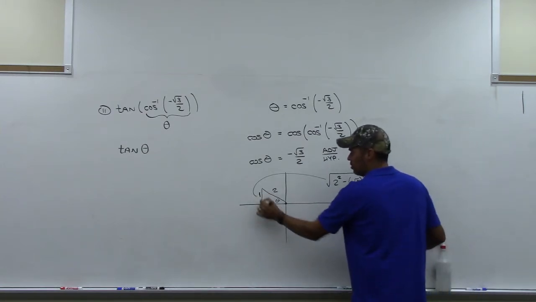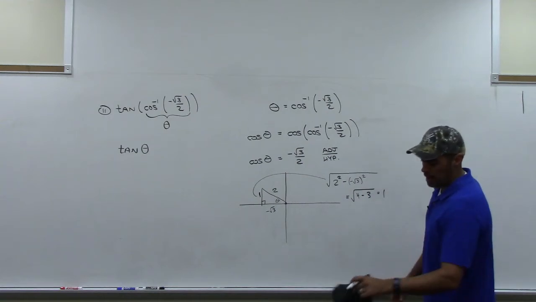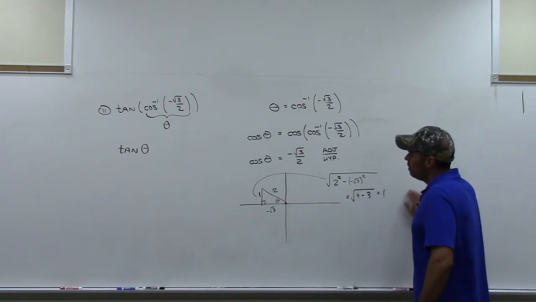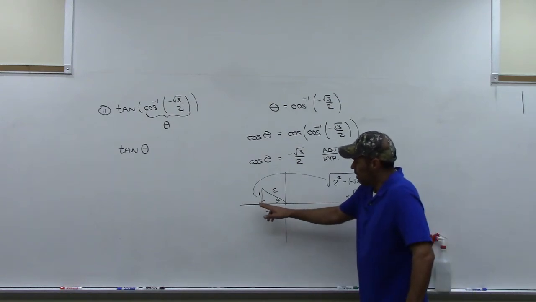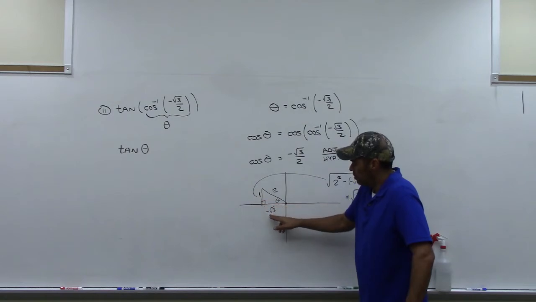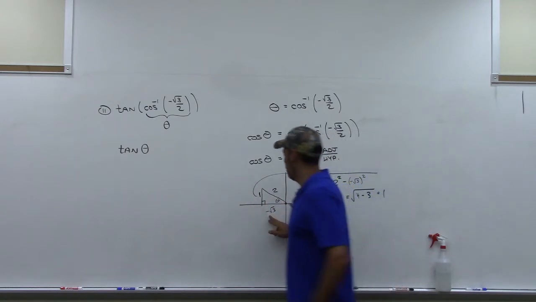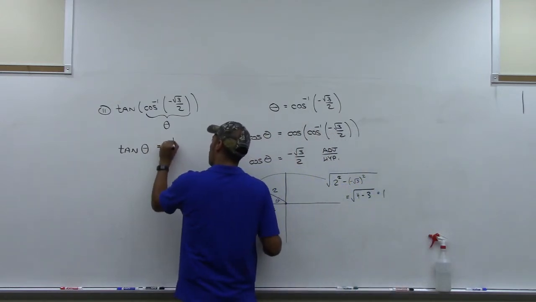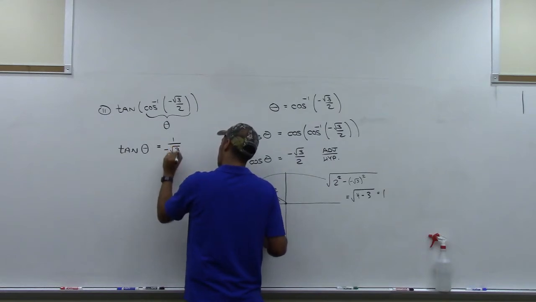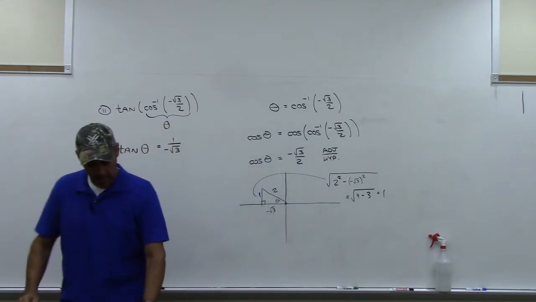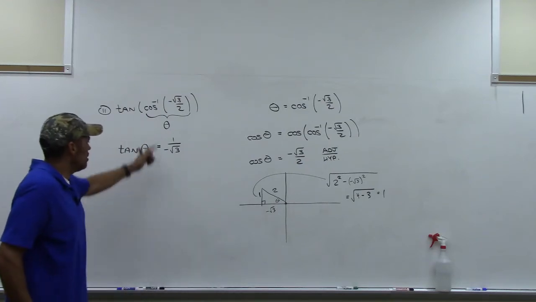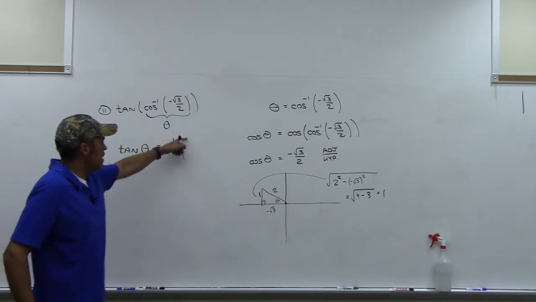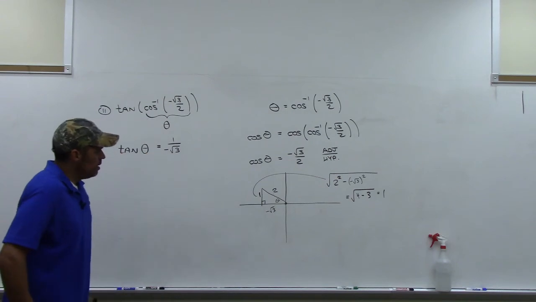So this side should be 1, and now we want to know what tangent is. Tangent is the opposite over the adjacent, so it should be this over this. So we have 1 over negative root 3, or negative 1 over root 3. Either way. The book rationalizes; they multiply top and bottom by root 3. I'm not going to do that.